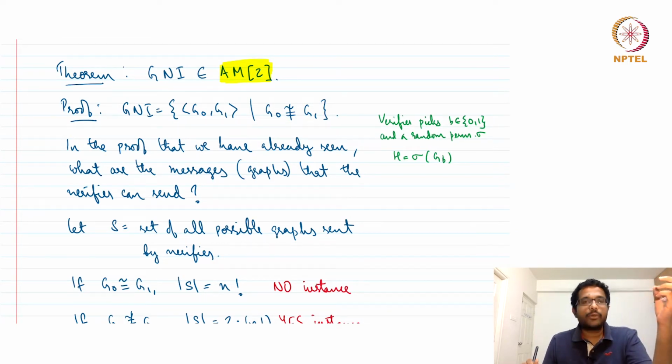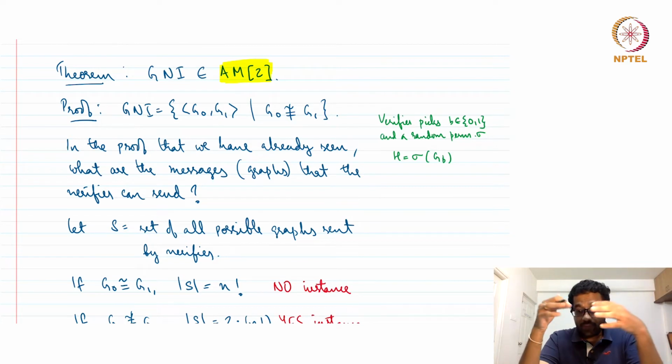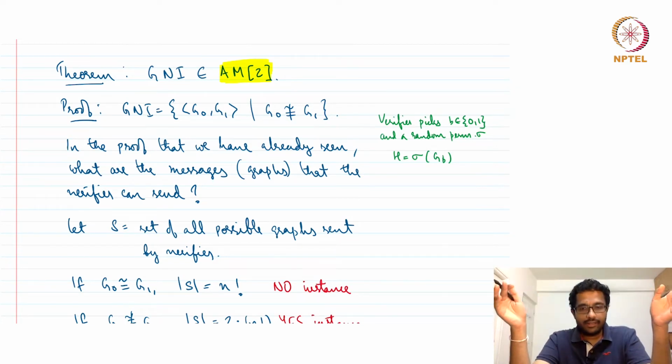And the prover had to decide where this graph H came from. Did H come from G0 or G1? If G0 and G1 are isomorphic, then H could have well come from either one. There is no way the prover could tell. If the graphs are not isomorphic, then the prover, using his infinite power, should be able to compute and figure out where it came from.